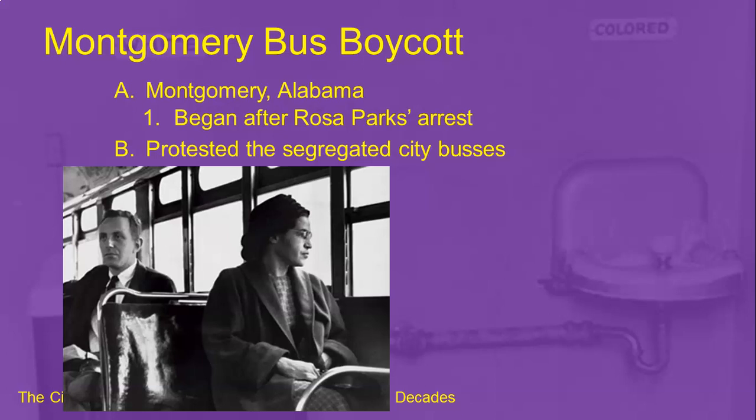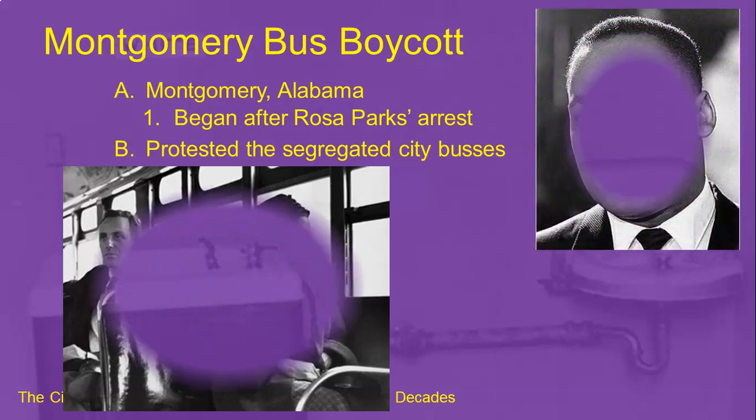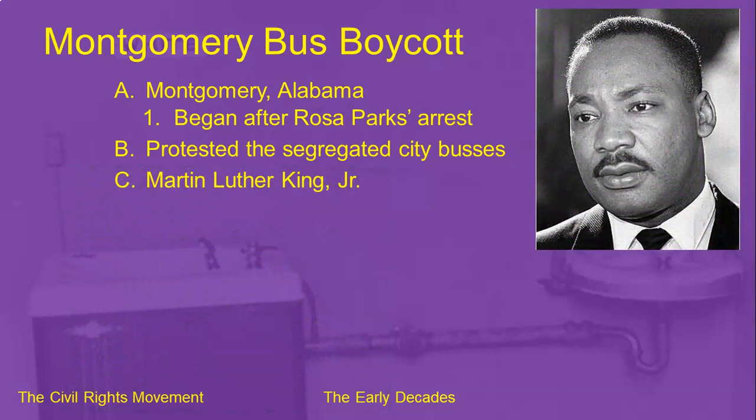And so initially she's sitting in the right spot, and as more white riders got on, they moved the sign, and she refused to get up and move, thus breaking the law requiring the police. But she has no arrest record. She is just a grandmother who has never done anything wrong. And so she was the perfect person to rally around and say what was done to her was unfair.